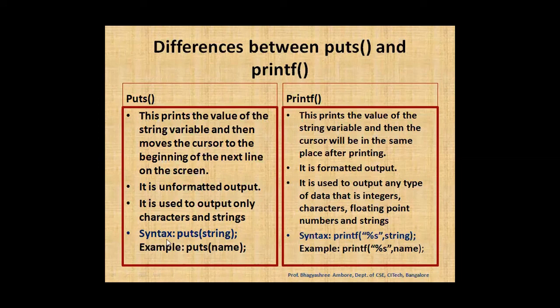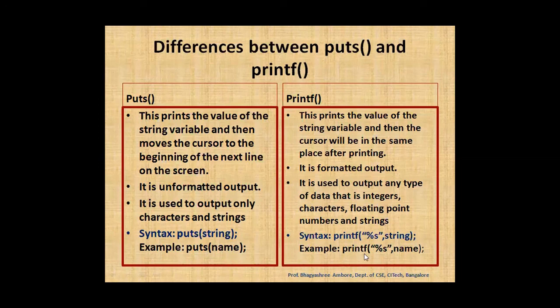What is the syntax of puts? Puts always takes a string variable or a string constant. For example, puts(name). Here I want to print the name, so I write the puts function and pass whatever variable I want to print, the array name.